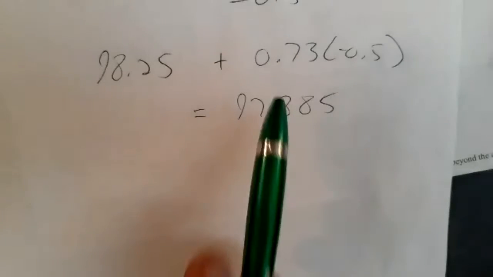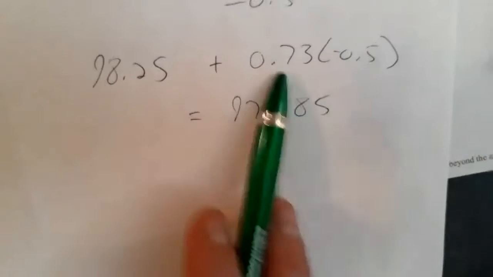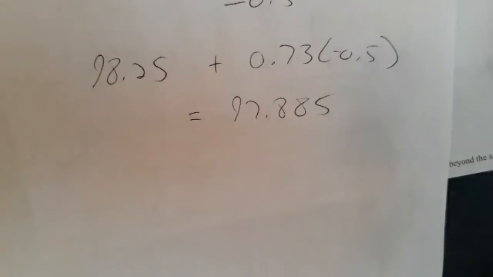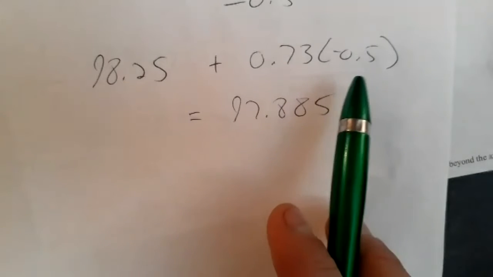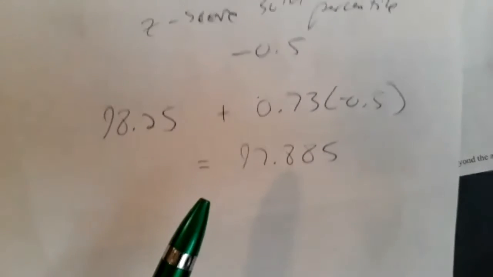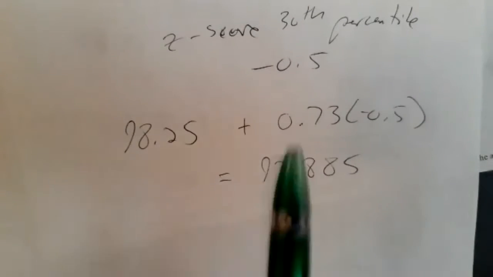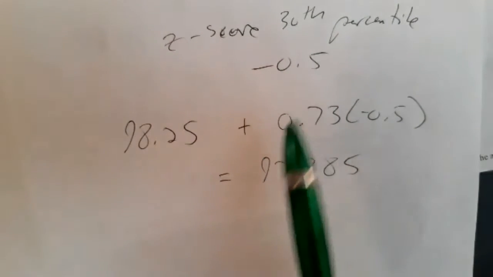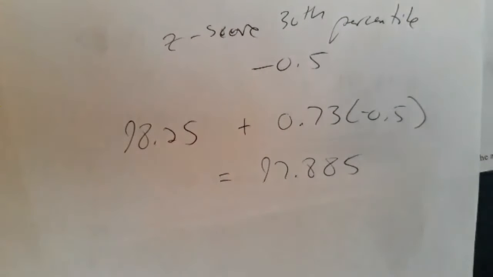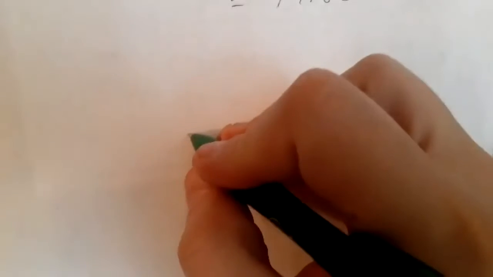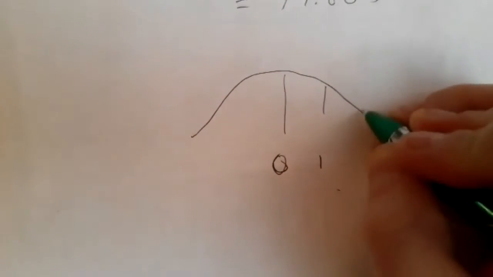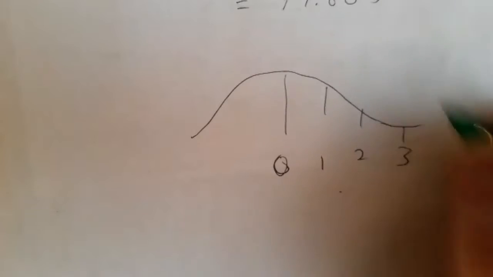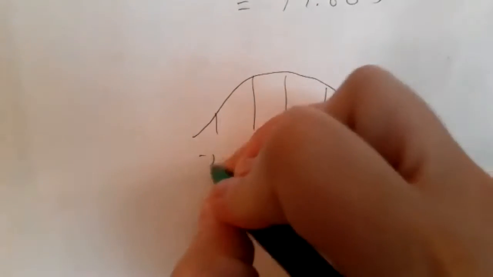So I've got to multiply the standard deviation by the z-score. The z-score tells me how many standard deviations, and it also tells me what direction it's going in, right? We should also know that if it's below 50%, we're going to get a negative z-score. The standard normal is centered about 0, and it goes 1, 2, 3, and -1, -2, -3.